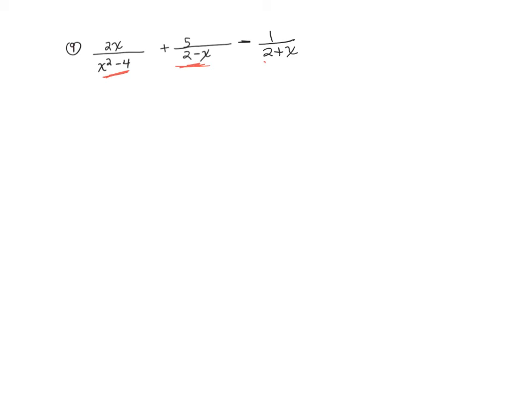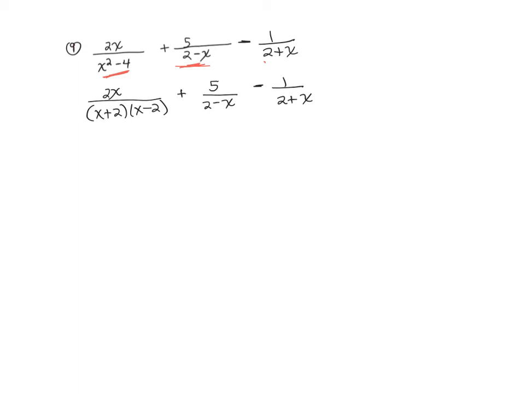Okay, let's begin. We're going to start factoring the denominators. This gives us an x plus 2 times an x minus 2. Now because we have an x minus 2 down here, we can factor out a negative 1, but we'll save that. And this one is itself.